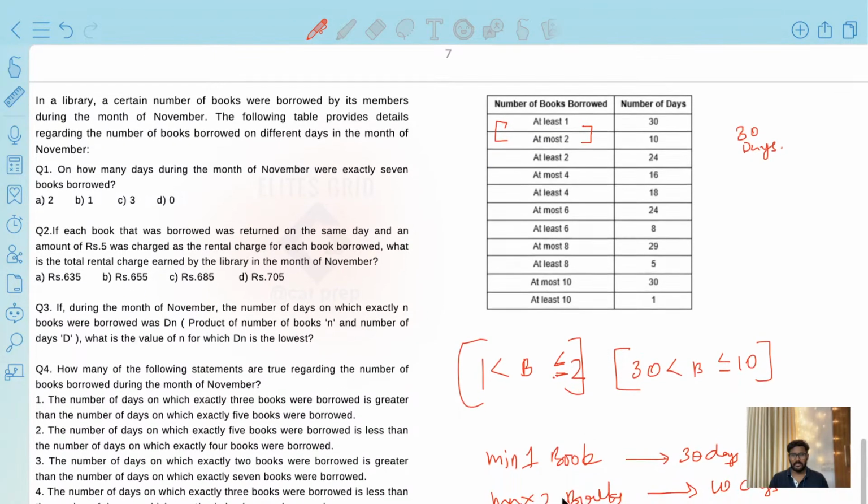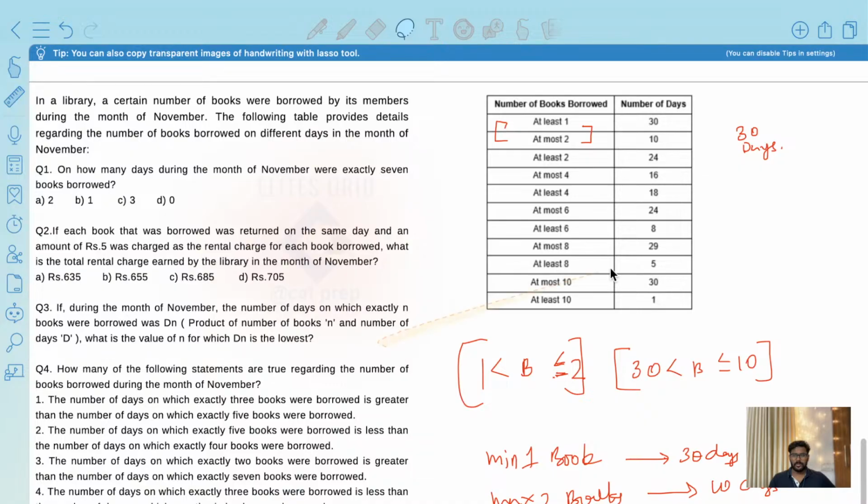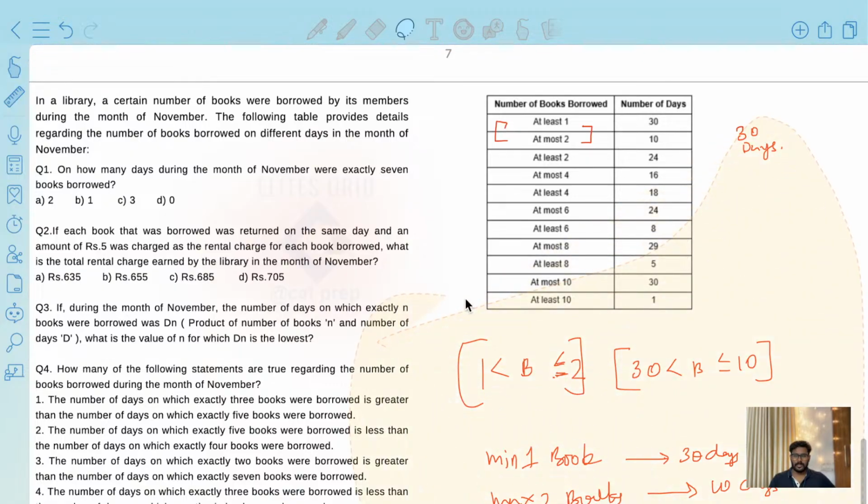At least two. A minimum of 2 days. Two books. 24 days. I'm sorry, it's not making any sense to me.